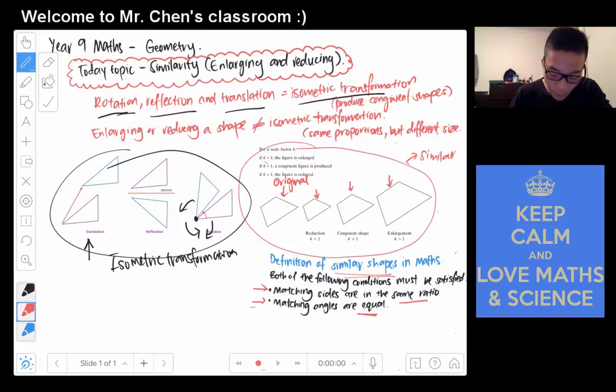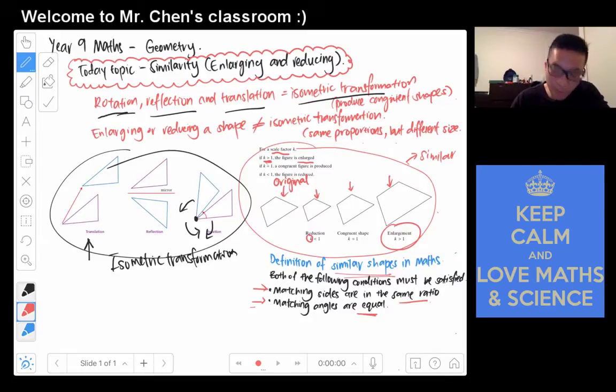If you change the size, the K here means the scale factor. If the scale factor is bigger than 1, the figure is enlarged. So if K is 2, each of these sides will be twice as big.